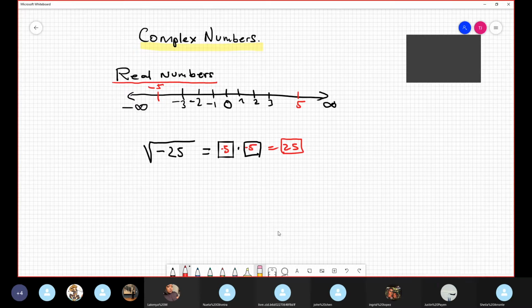Remember, I put intentionally one box and one box. So it is totally illegal to put a different number inside the box. So someone says, well, what about 5 and negative 5? Well, 5 times negative 5, of course, is negative 25, but according to the definition, the square root of any number is equal to another number times another number, and this number should be the same, multiplied by itself.